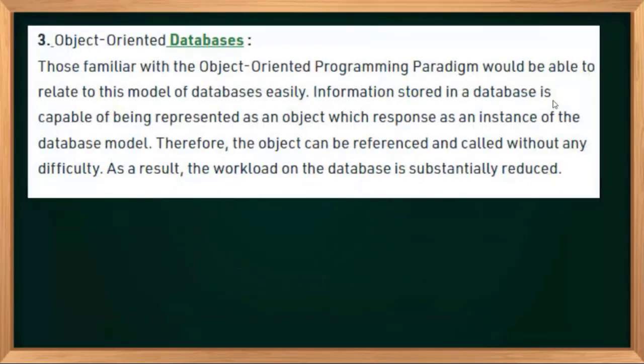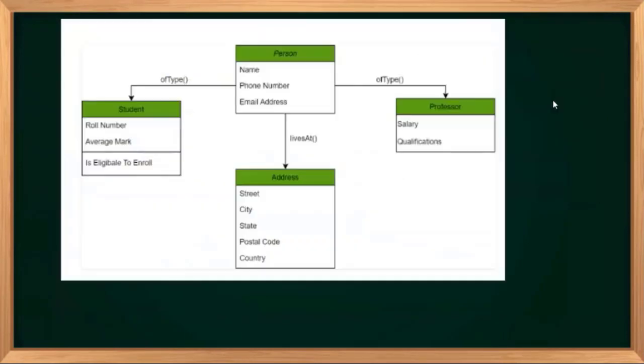Third one is the object-oriented model. Object-oriented is the structured model used in C++ programming. For example, a person consists of name, phone number, email address, etc. A person may be of a type, such as a student. A person may also be a professor.